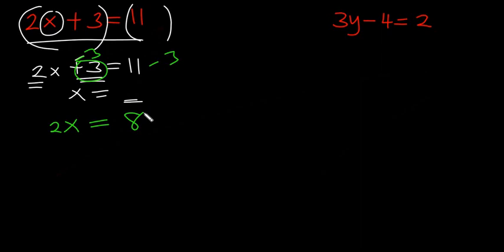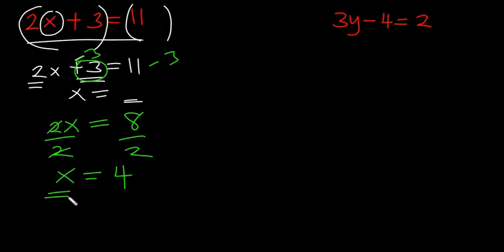We now need to eliminate 2, and to do that we're going to divide both sides by 2, so that we have x is equal to 4. When you divide 2 by 2, it's 1, and 1 times x simply remains x. So we have eliminated the 3 and the 2, so that on this side we only have x. This means that the value of x is equal to 4.